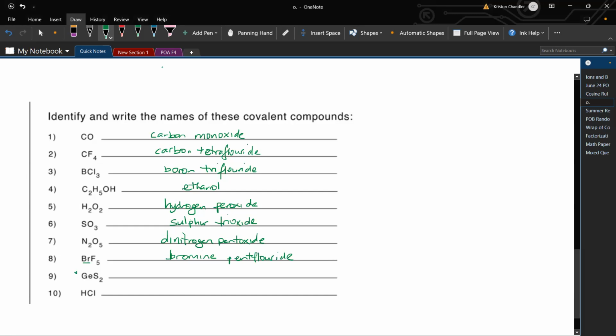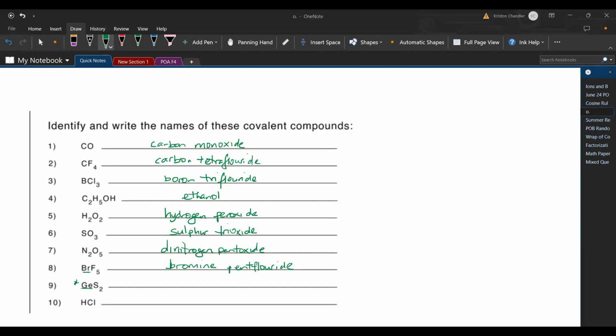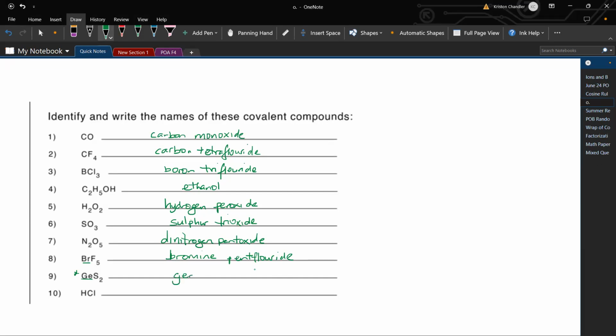Ge is not one of the elements that we need to know on our syllabus. But did you look it up? What you got? Germanium. Yeah, disulfide. That's correct.